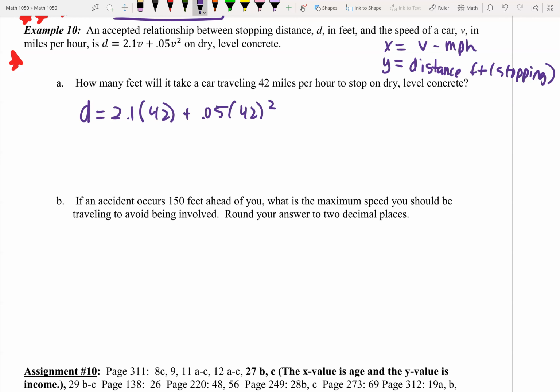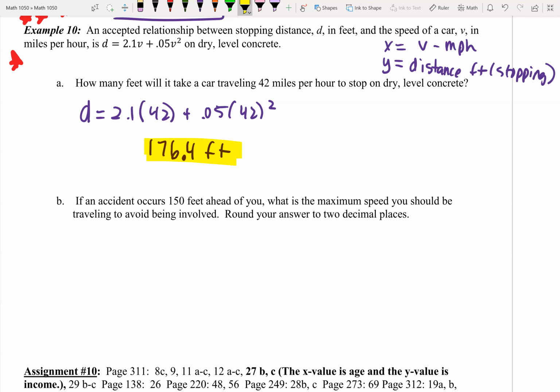Okay. So stick that in your calculator. And you get 176.4. 176.4 what? Feet. Does that seem redundant? Yep. Because they already said feet. It doesn't matter. Just always put it.